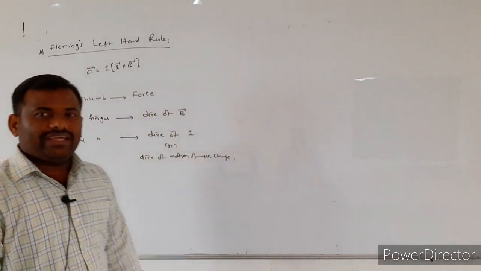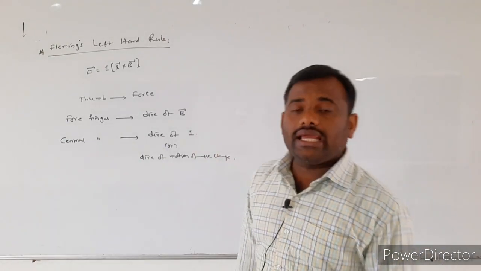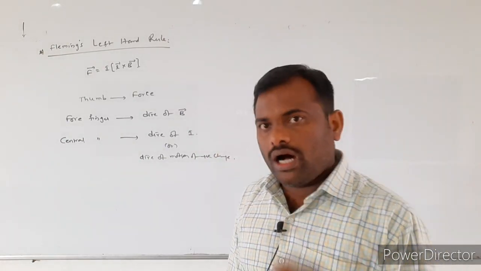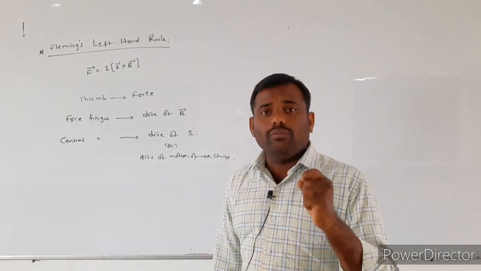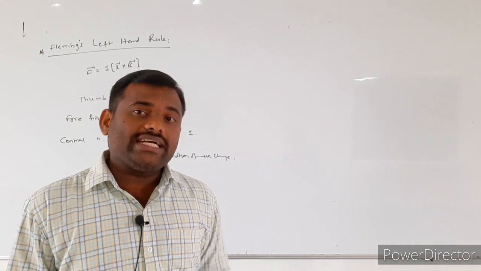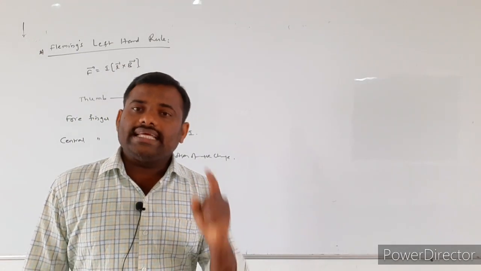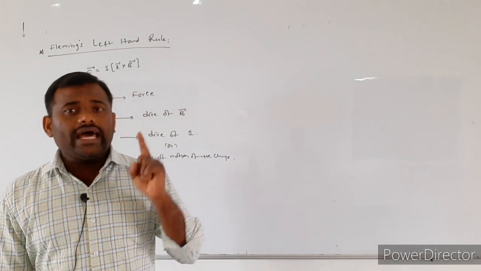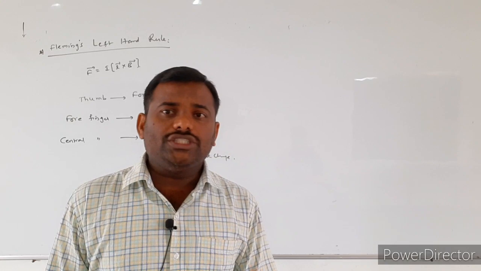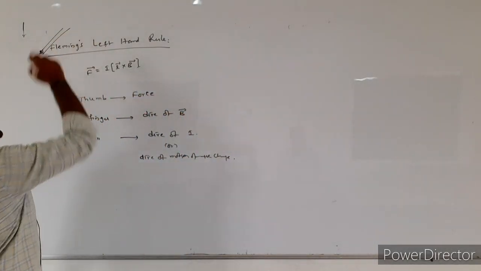Very, very important: the central finger represents either the direction of the current or the direction of the motion of only the positive charged particle. So this is given by Fleming's left hand rule.